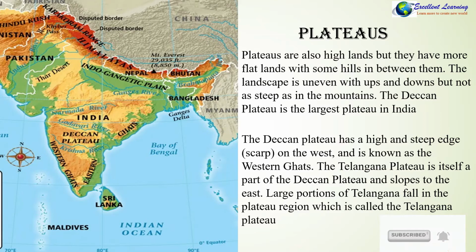Large portions of Telangana fall in the plateau region, which is called the Telangana Plateau. Children, now look at this map. You can find the Deccan Plateau and the Western Ghats.